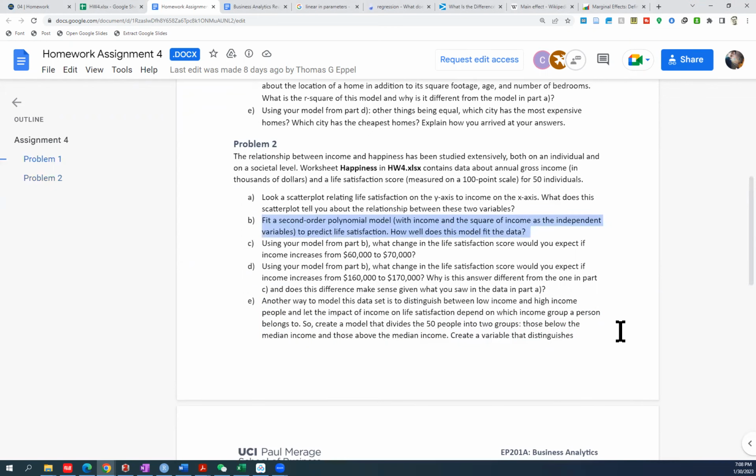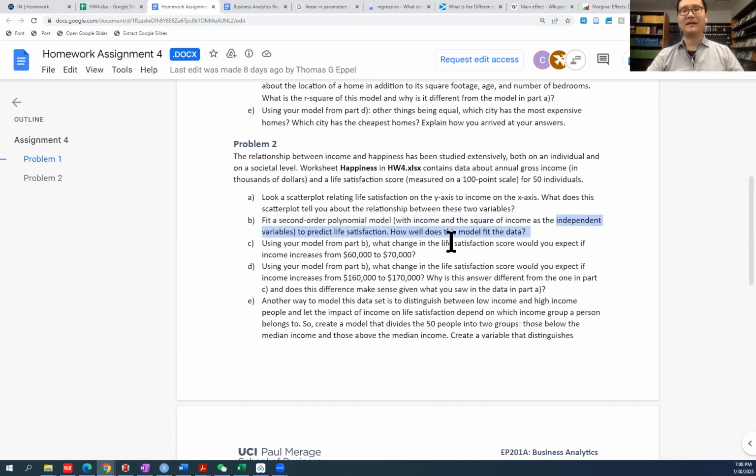We have the income column, and then it says the square of income as dependent variables. Well, here it says as independent variables. We always put independent variables among X in setting up a regression.